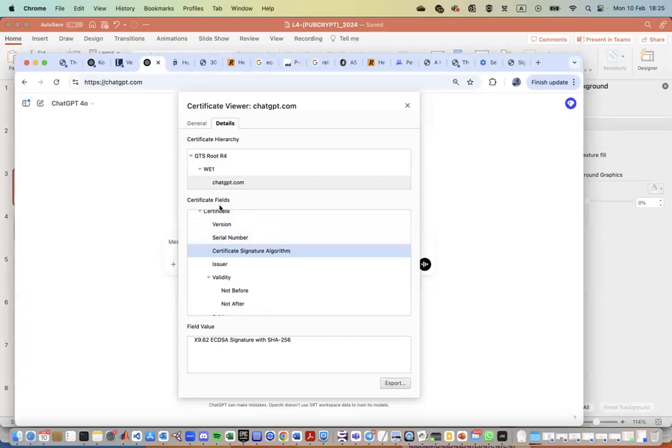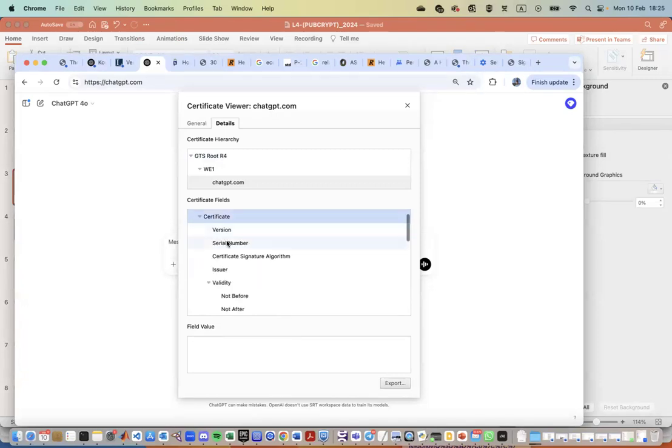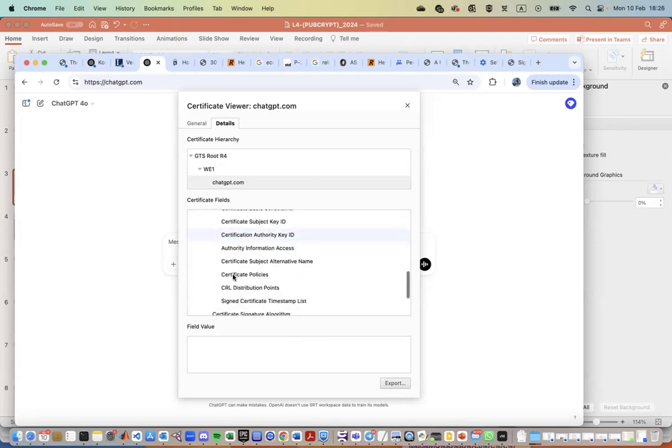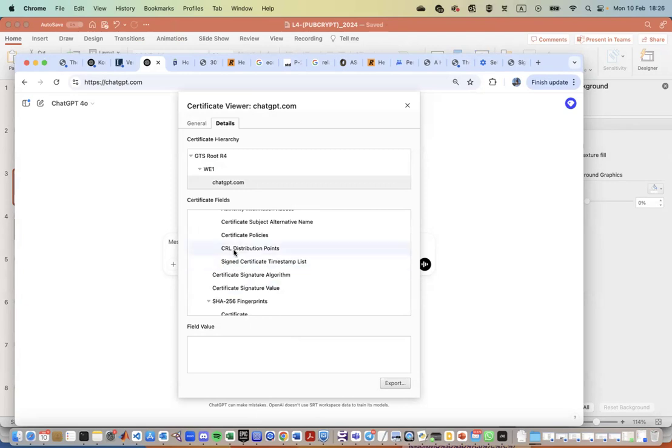So this is a certificate field. It's a digital format, which tells the values follow one by one. Like first version, then serial number. So this all exists in the plain text. Up to some point, it is clear text.